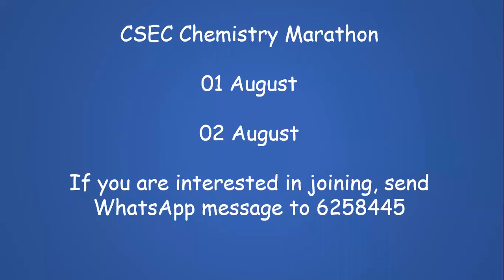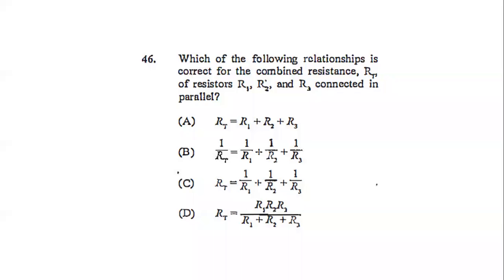All right, so move on to the next question. Question 46 is asking what is the formula to calculate total resistance using three resistors. So let me just see the options here.